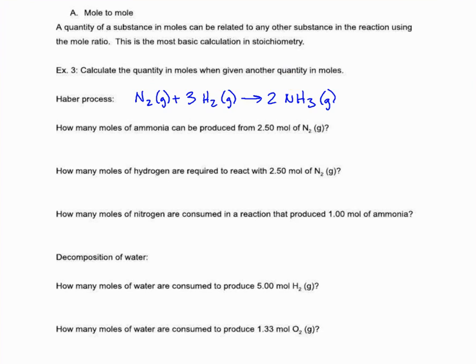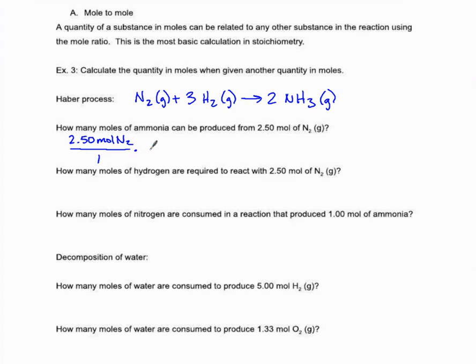And so when we're trying to figure this out, we're going to start with the value that we're given. So I know that I have 2.50 moles of nitrogen. And that's really the only thing I know right now. The question is, how much product am I going to make?